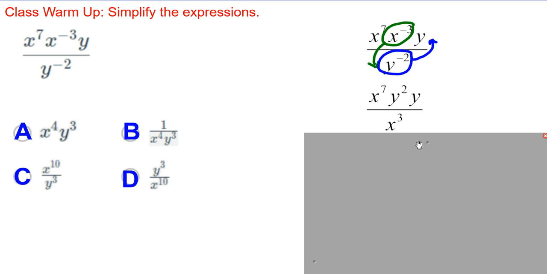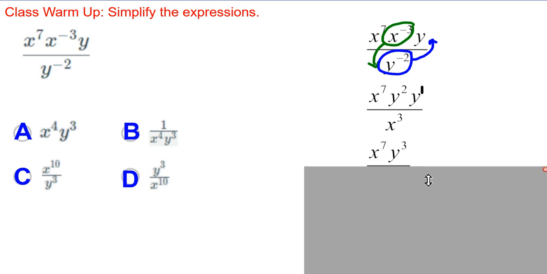So if we look at our numerator, we've got x to the 7th, y to the 2nd, y. And remember that y is raised to the power of 1. It's implied. So we see we have some y's that we can simplify. We have 3 y's in the numerator. So let's rewrite it as x to the 7th, y to the 3rd divided by x to the 3rd. So our y's are all simplified in the numerator. Now if you notice, we have x's in the numerator and x's in the denominator. We have 7 x's in the numerator and 3 x's in the denominator, which means we have some greatest common factors we could divide out.